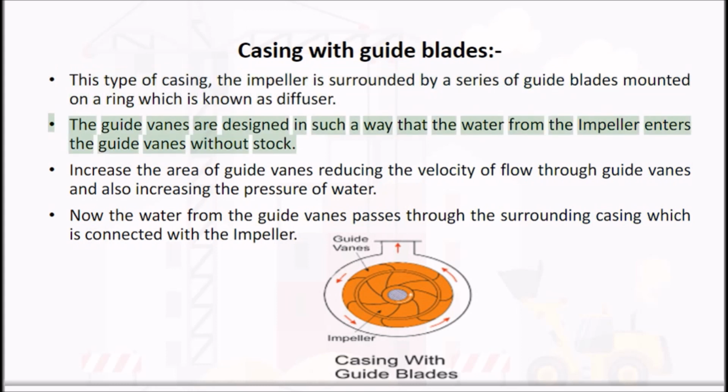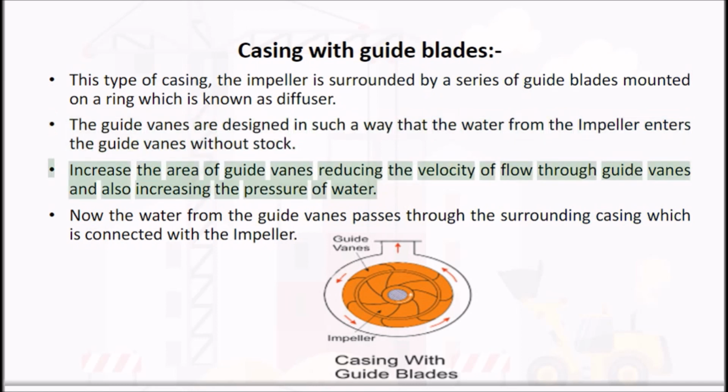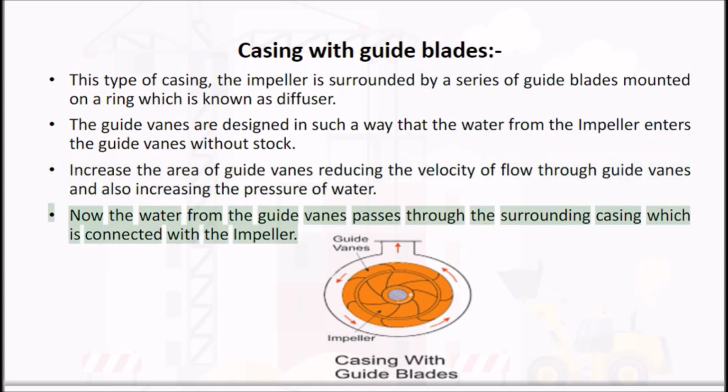The guide vanes are designed in such a way that the water from the impeller enters the guide vanes without shock. Increasing the area of the guide vanes reduces the velocity of flow through the guide vanes and also increases the pressure of water. Now the water from the guide vanes passes through the surrounding casing which is connected with the impeller.